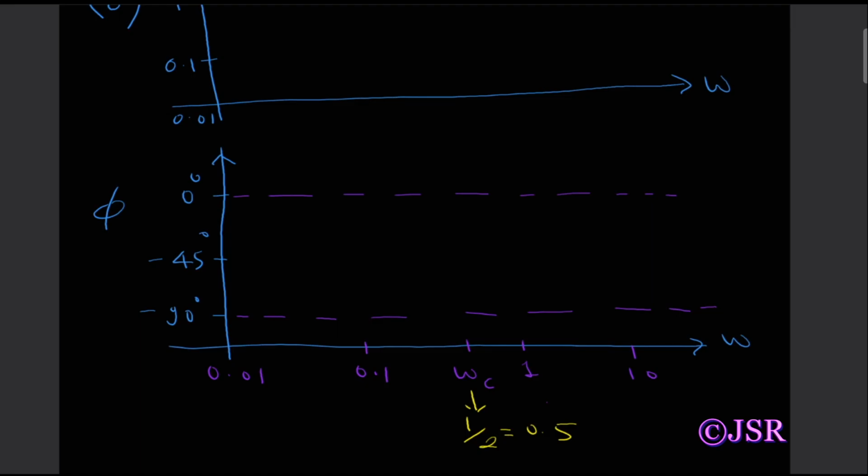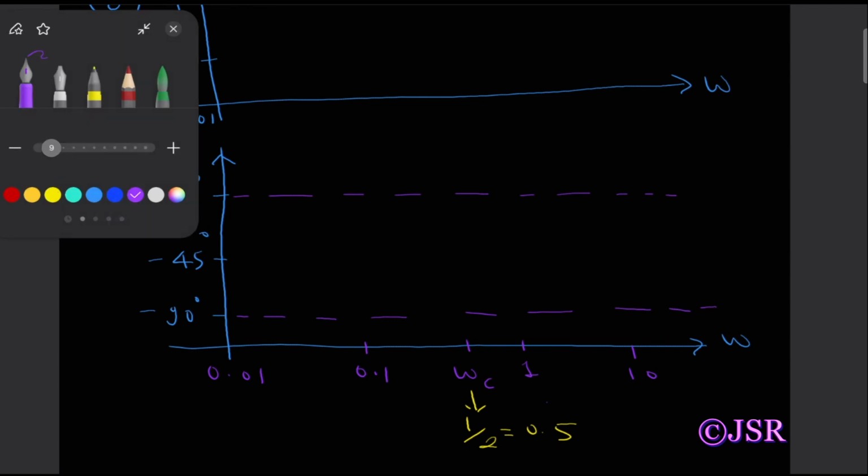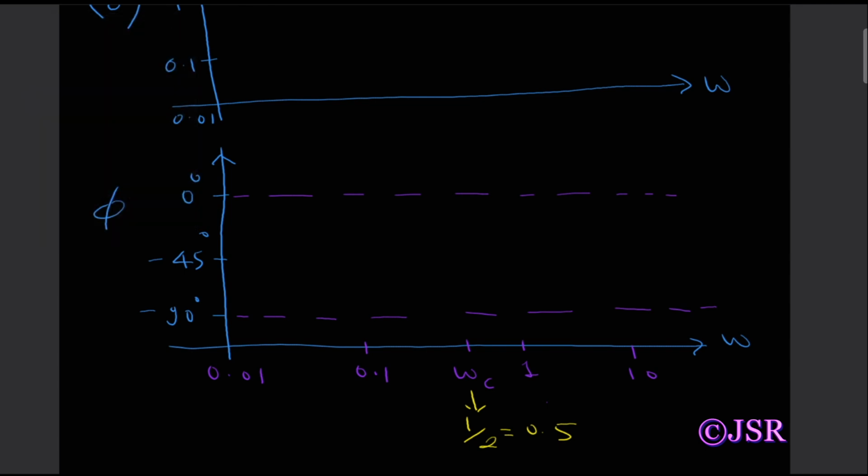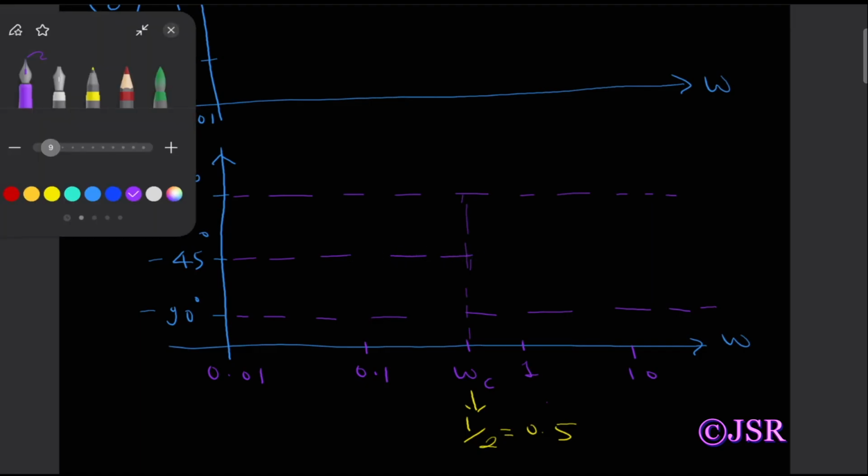So the only difference is that we have the corner frequency at omega c, that is 0.5, and at this 0.5 the phase shift will be -45 degree.